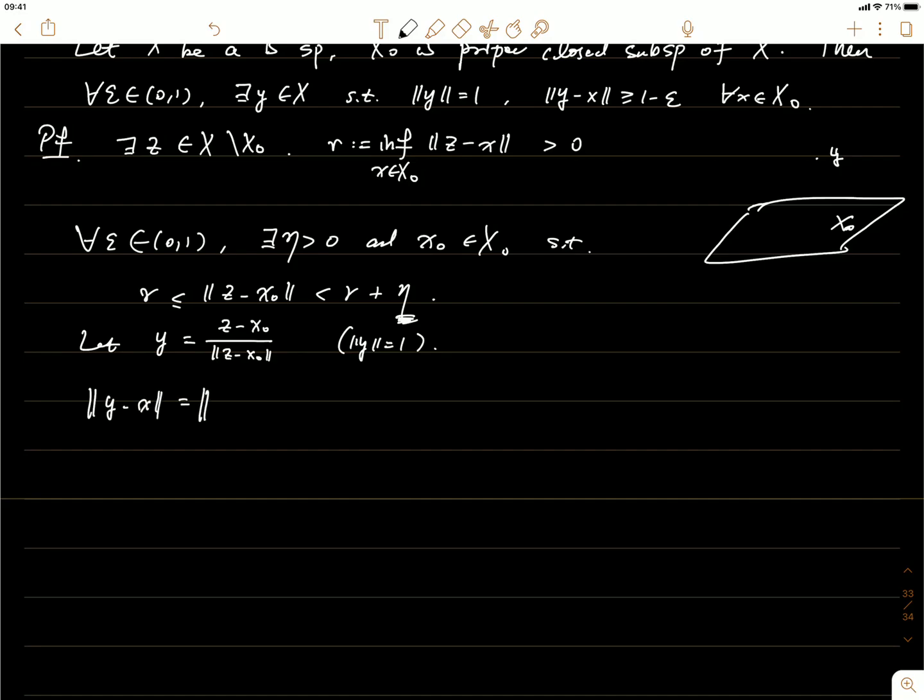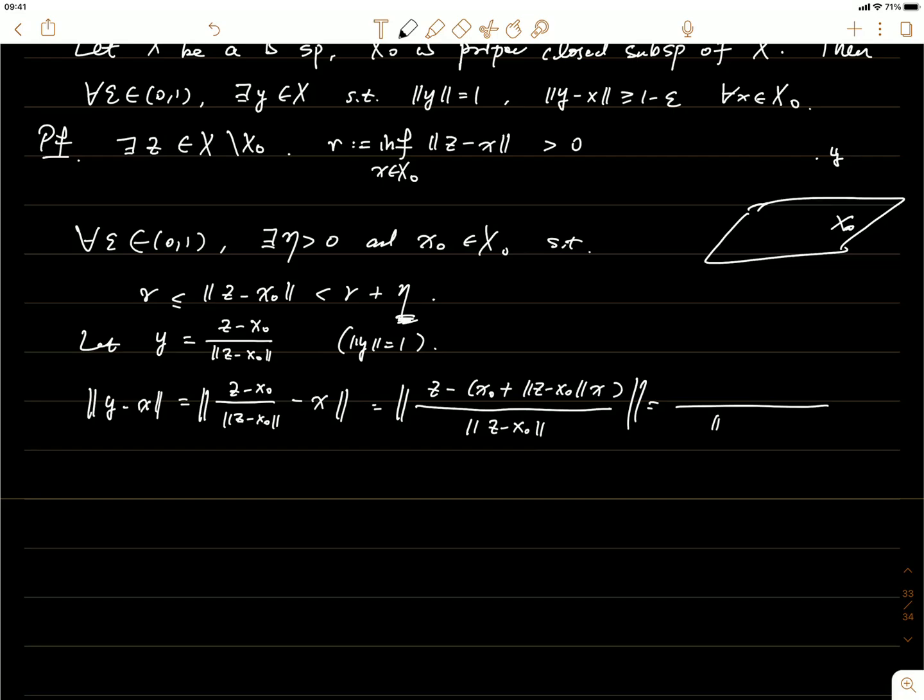I know that by definition of y it is just this. Again, I make a common denominator, which is z minus x naught, plus z minus x naught times x, divided by the norm of z minus x naught. And I can pull out this denominator.